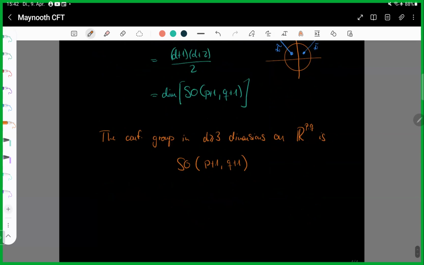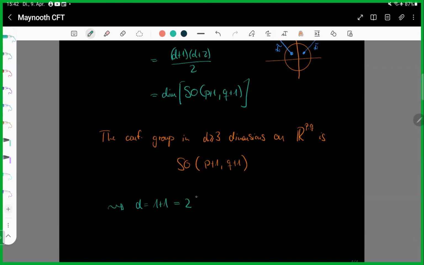All right, so thanks for the question. Starting now, pretty much, I will restrict to D equals either 1 plus 1 or D equals 2, meaning either Minkowski space 1 plus 1.